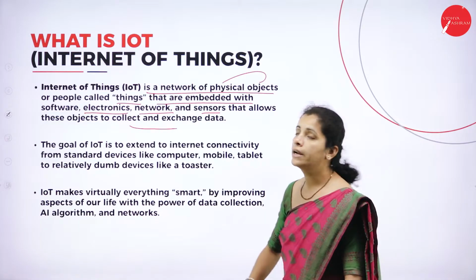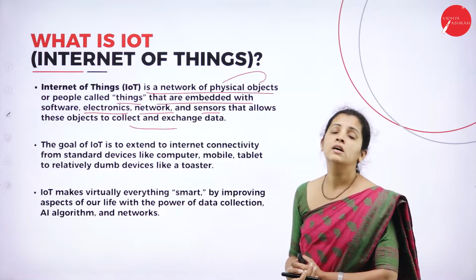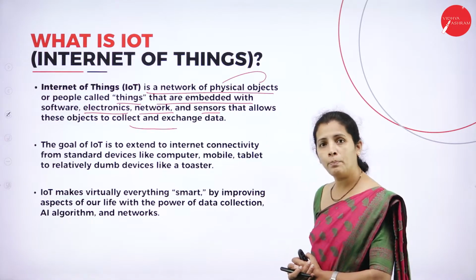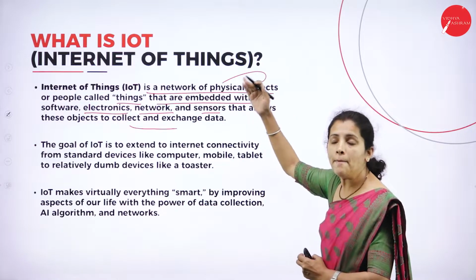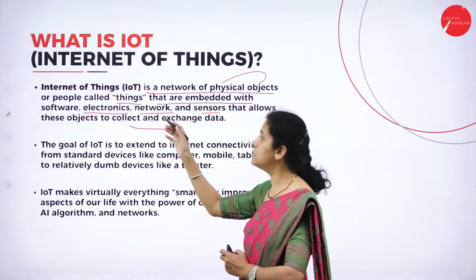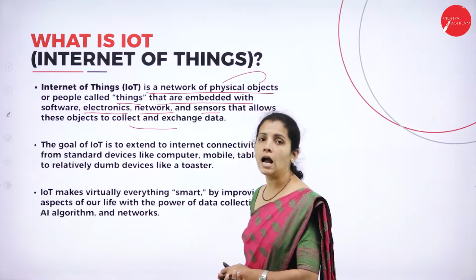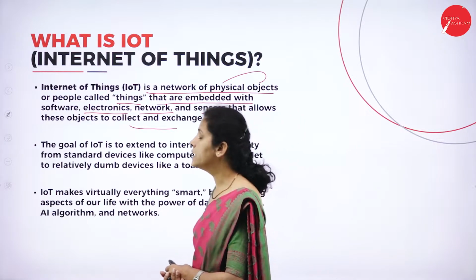So what is Internet of Things? It is nothing but the network of devices or people embedded with software, electronics, network as well as sensors in order to collect data as well as exchange data.